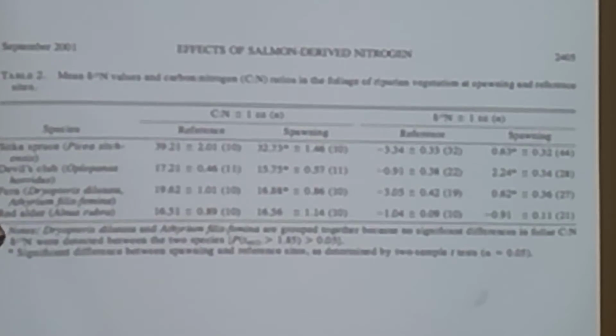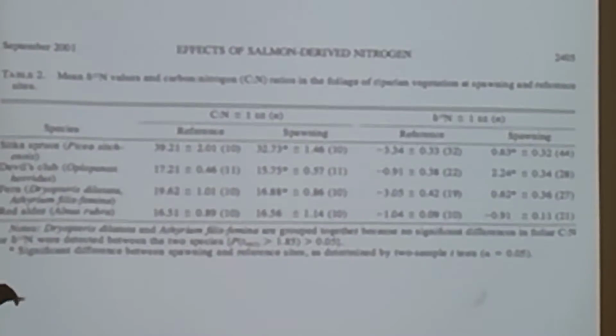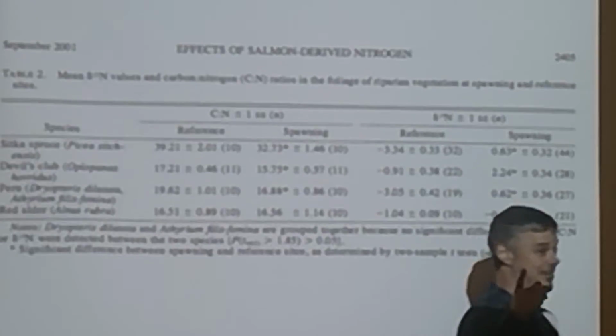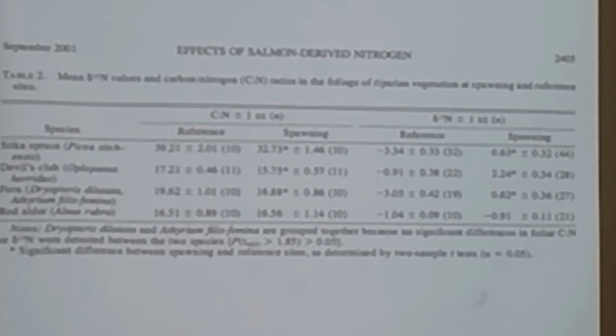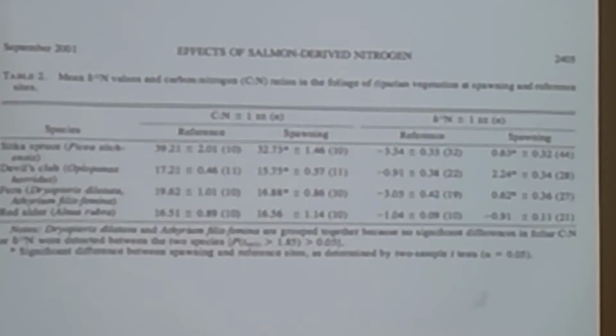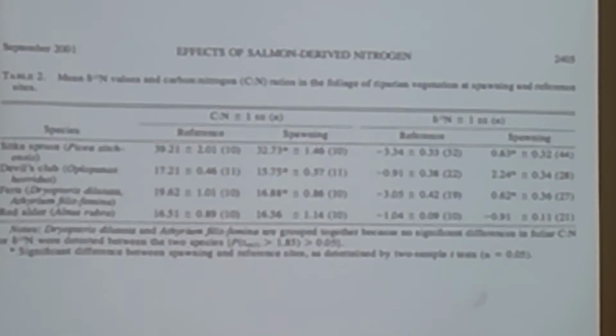Red alder is able to form these symbiotic relationships with nitrogen-fixing bacteria. So they're actually getting their nitrogen through the process of nitrogen fixation. So in this case, red alder actually turns out to be a secret control that the researchers put in here, right?